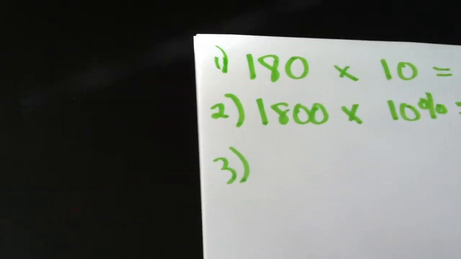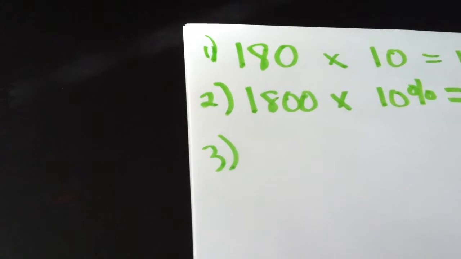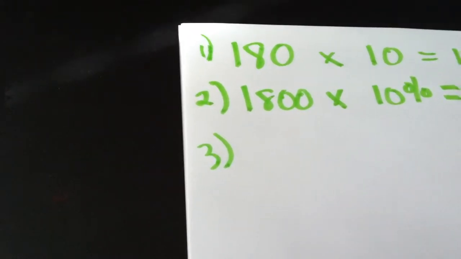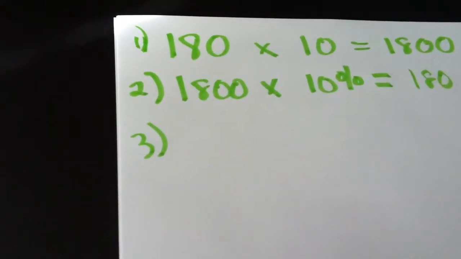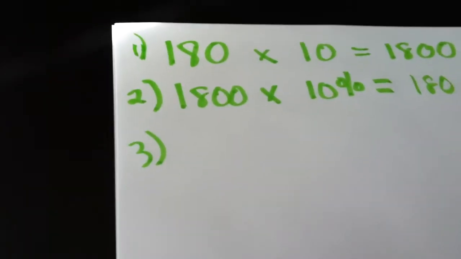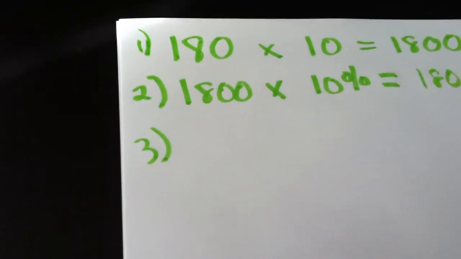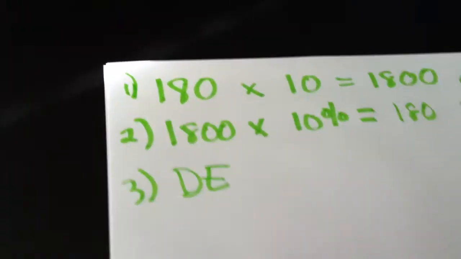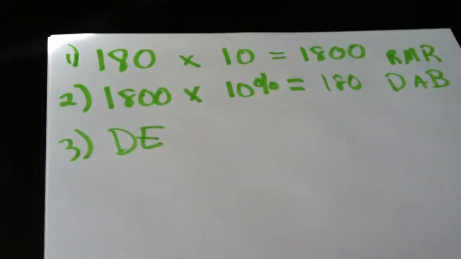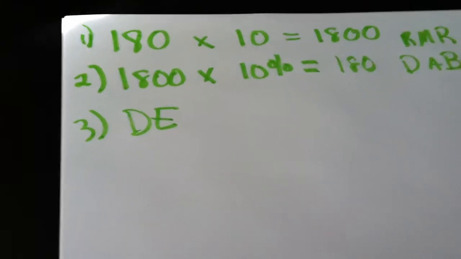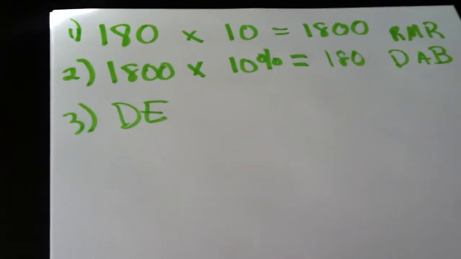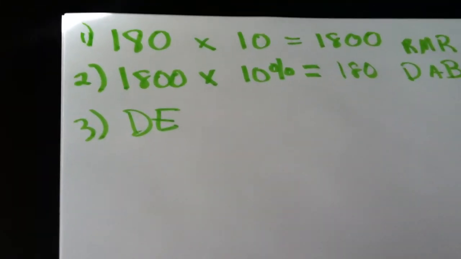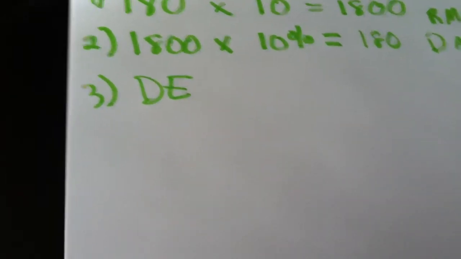And step 3 is we need to find out what our daily exercise is and how many calories we burn during our daily exercise. So I'm just going to put DE for daily exercise. And if you're not 100% sure, you can go on the internet and find what the average is depending on what you do.